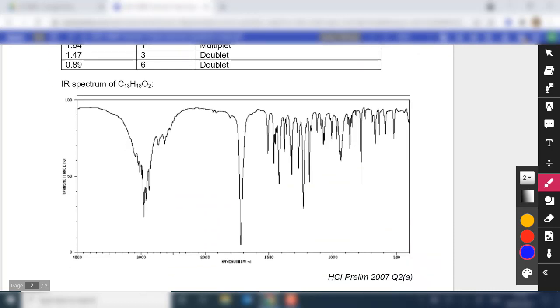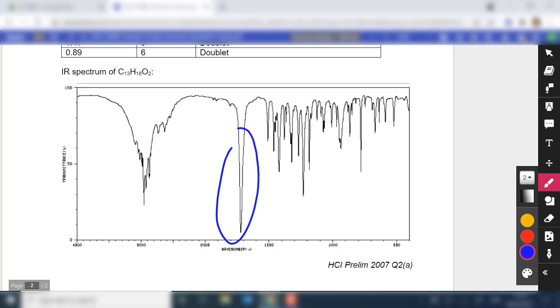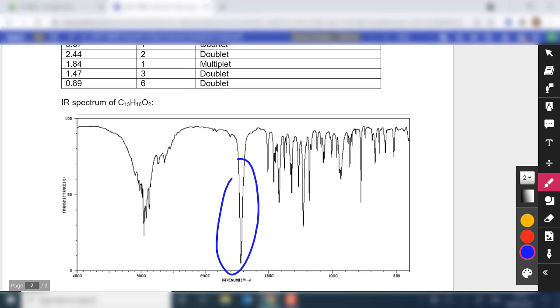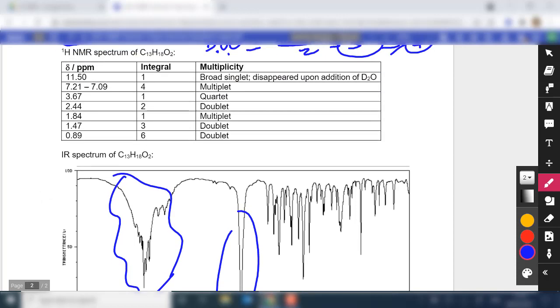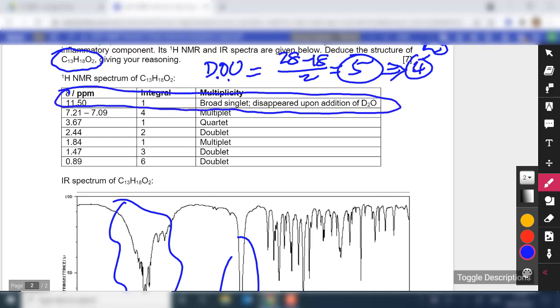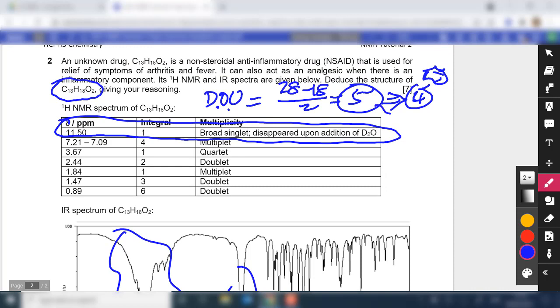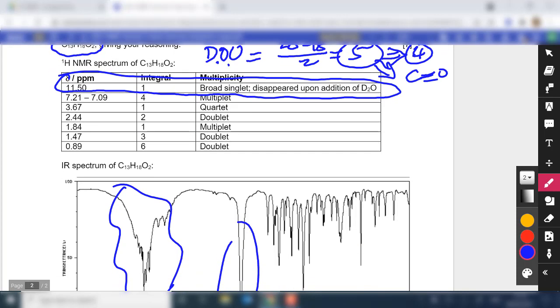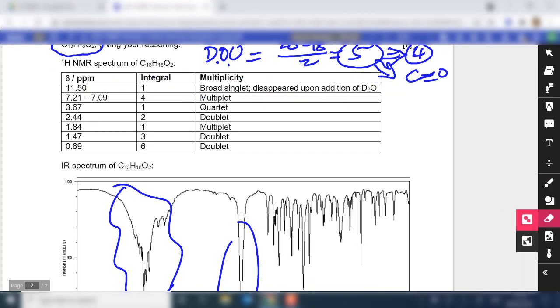Okay, and then you can see a very sharp C=O stretch, and of course this particular region, as well as this particular NMR signal, you can confirm that you have a C=O and it's likely to be due to a carboxylic acid.